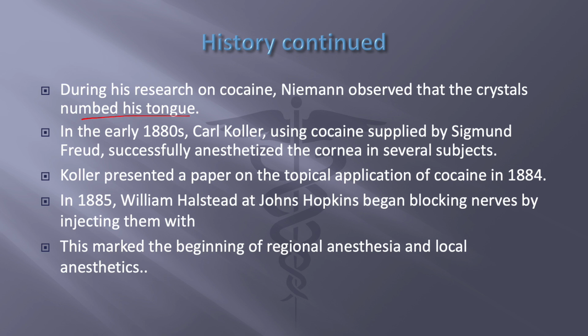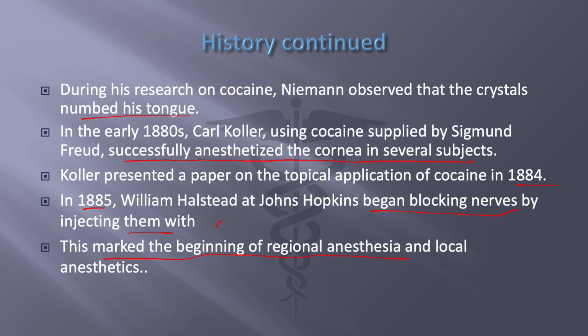All right, and in the early 1880s, Karl Koller, using cocaine supplied by Sigmund Freud, successfully anesthetized the cornea in several subjects. Then Koller presented a paper on the topical application of cocaine in 1884. This led, in 1885, to William Halsted at Johns Hopkins beginning to block nerves by injecting them with cocaine. Okay, this really marked the beginning of our regional anesthesia and local anesthetics.